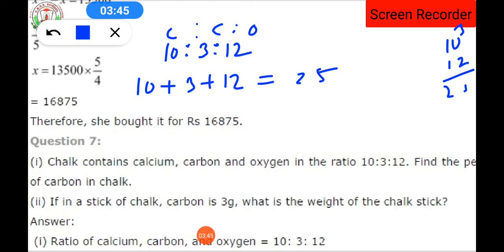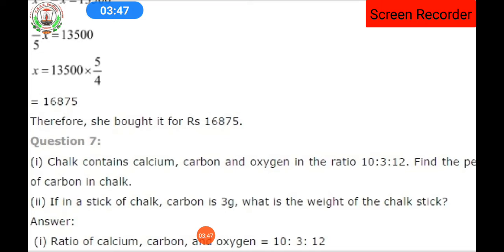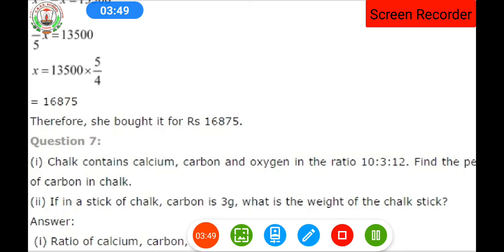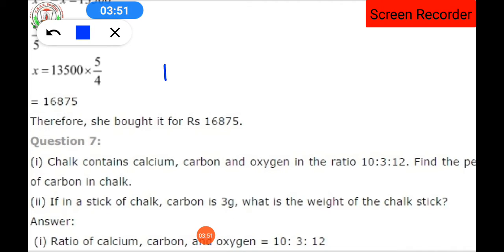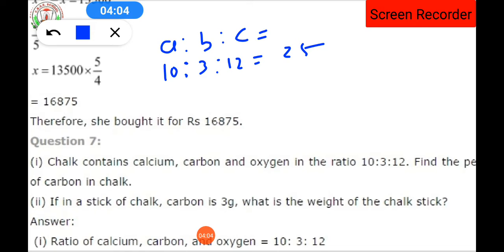The total ratio we are having is 25, as A is to B is to C is equal to A plus B plus C, that we had done. So 10 plus 3 plus 12 is equal to 25.